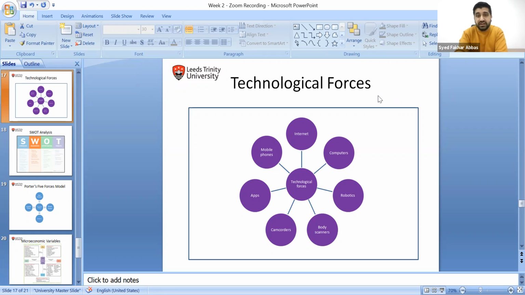So these technological forces include computers, robots, body scanners, camcorders, apps, mobile phones, and internet. So these are all different technological forces.